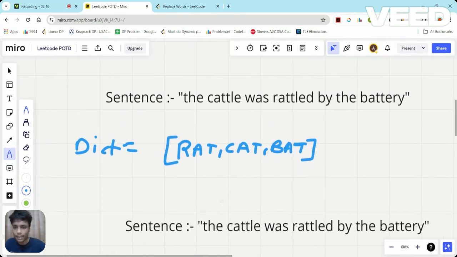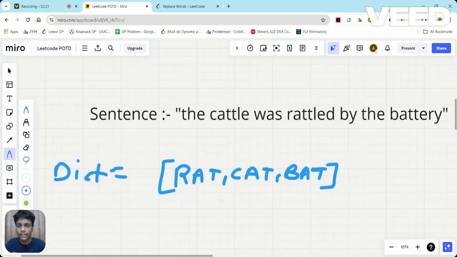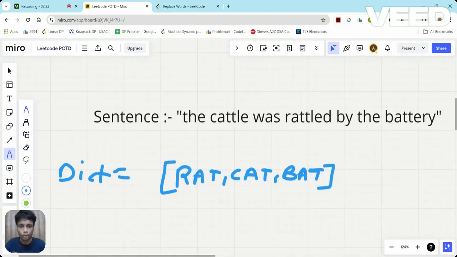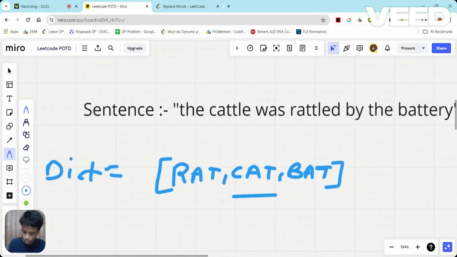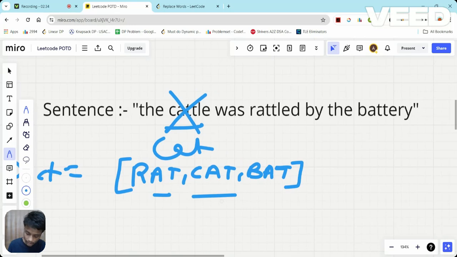So let's take this example test case. First of all I will explain how it is working, and then I'll tell you the approach. So the cat and cattle have the first three letters the same. So I will replace cattle with cat. Similarly, I'll go to rat and rattle.